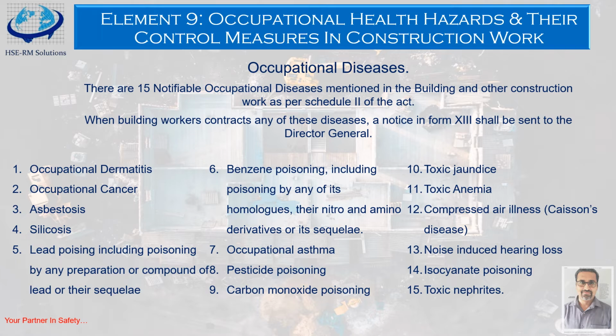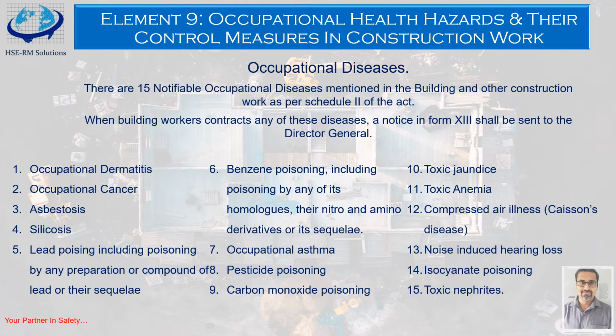Correct? Now occupational diseases: there are 15 notifiable occupational diseases mentioned in the Building and Other Construction Workers Act, in schedule 2 of the Act. When a building worker contracts any of these diseases, a notice in Form 13 shall be sent to the Director General.